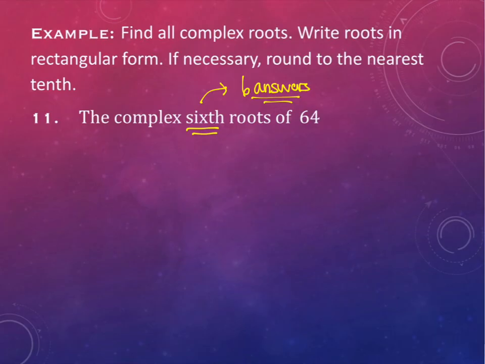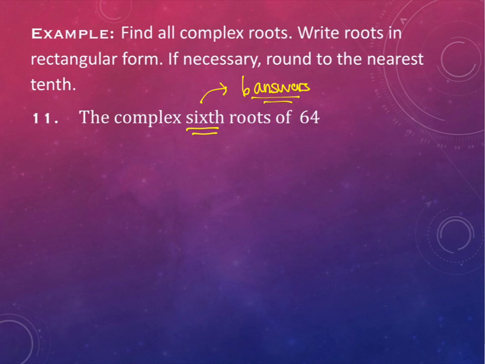Okay, are you with me? But in the complex number system, there's not one answer. There are 6. That's a little different, right? I end up getting more solutions when I'm working in the complex number system than in the real number system.